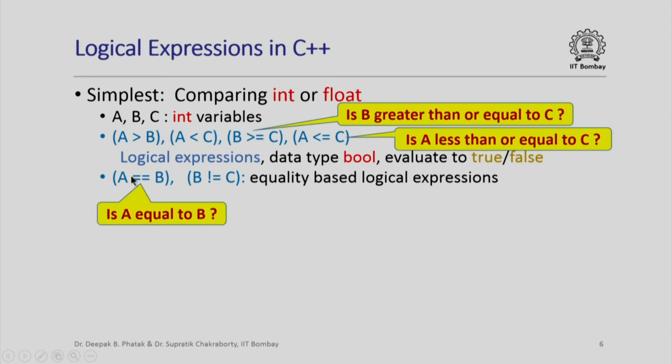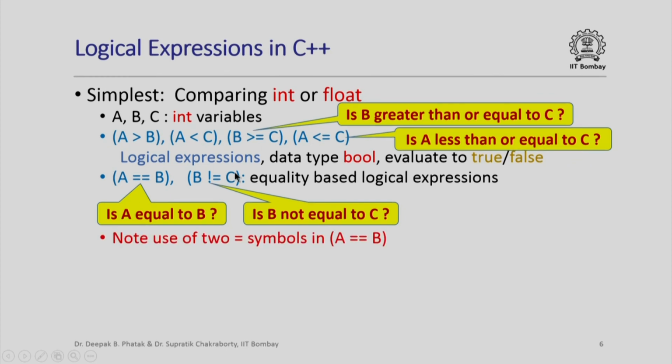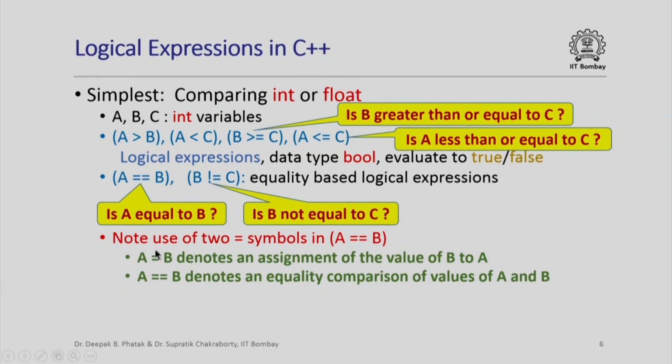So this operator, note that there are two equal symbols here, checks if a is equal to b, and this operator, which is the exclamation symbol followed by equality, checks whether b is not equal to c. The important thing to note here is that I have used two equality symbols when I am writing this comparison, is a equal to b. Now we have already seen the use of the equality symbol in assignment statement.